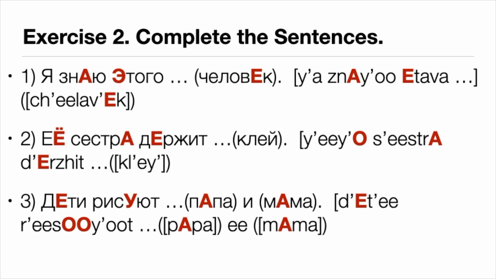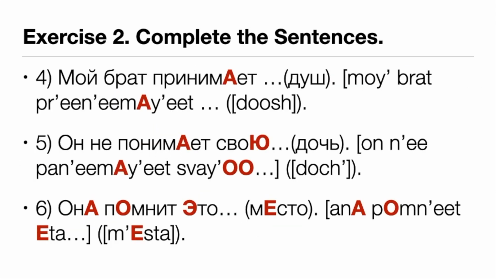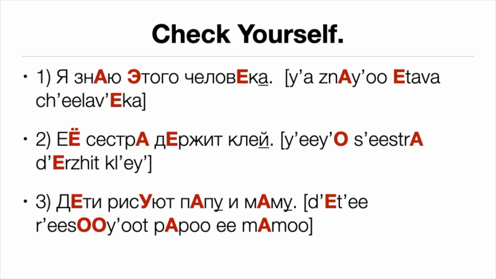Exercise 2. Pause the video. Complete these 5 sentences using the words in brackets. Check yourself. Number 1. Я знаю этого человека. Number 2. Ее сестра держит клей. Number 3.